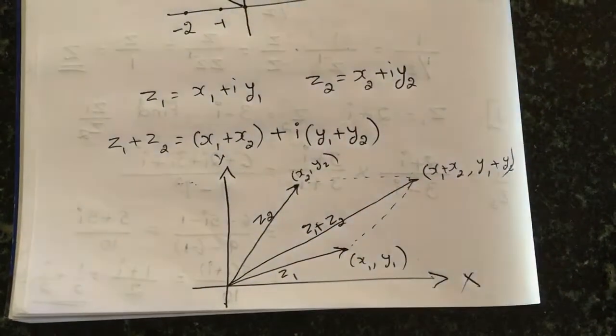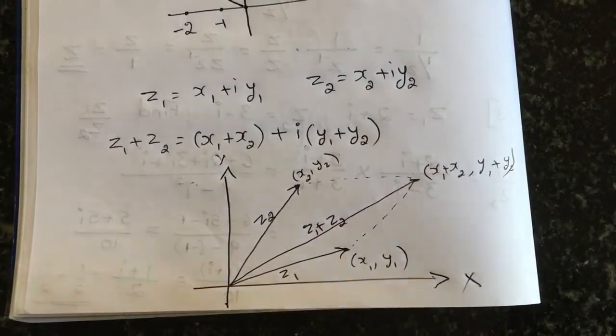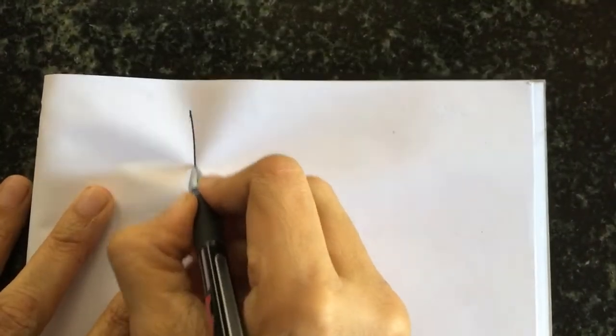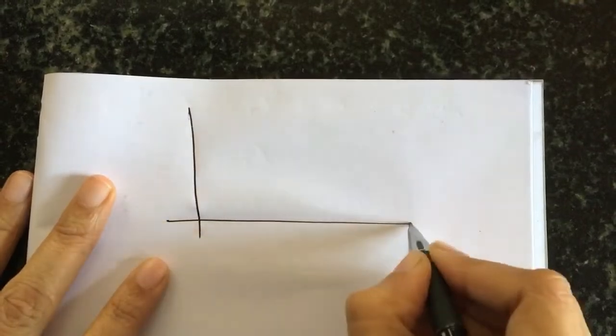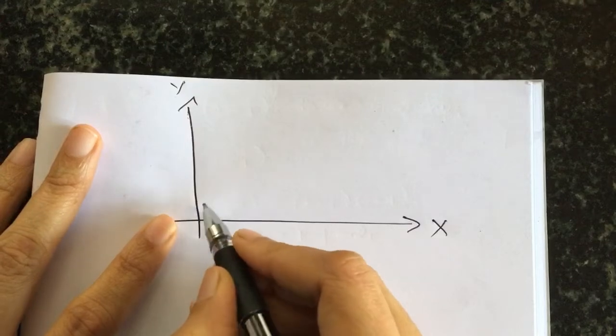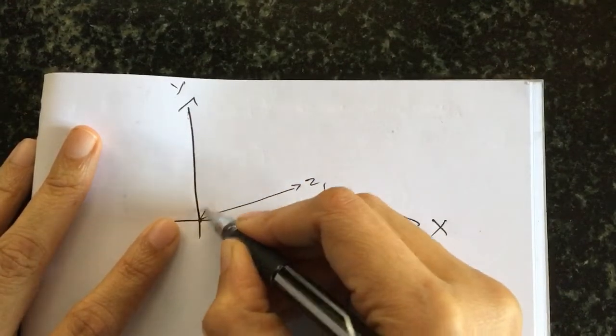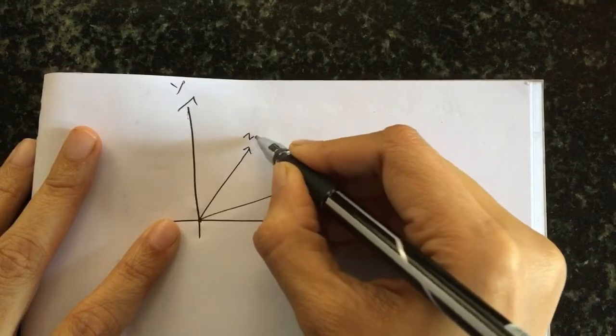Now suppose you want to subtract, say z1 minus z2. In that case, this is the real axis and this is the imaginary axis, and I have z1 over here and z2 over here.